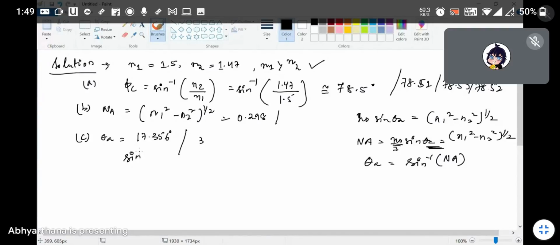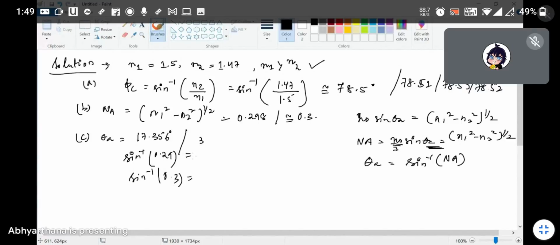So this is sine inverse of, if I approximate it as 0.3, or if I take it as 0.2983, whatever it is. Actually, we try to keep it up to 1 or maximum 2 decimals. So let me put it as 0.29, or find it as sine inverse of 0.3.